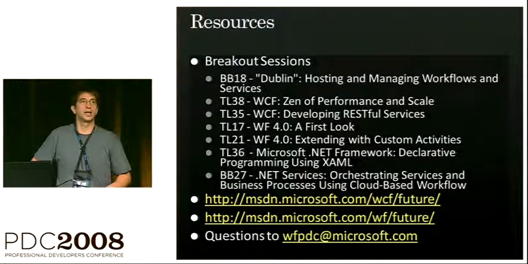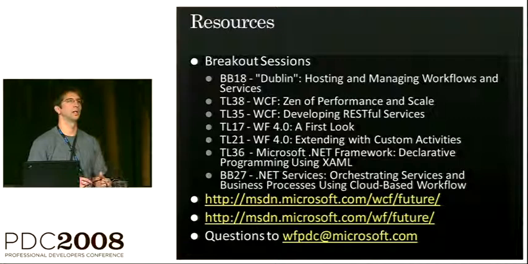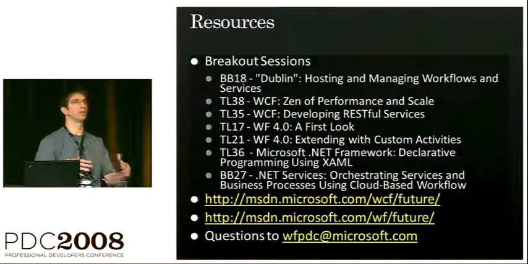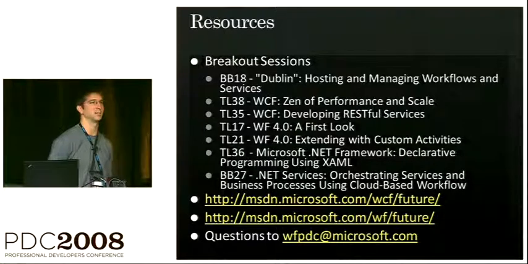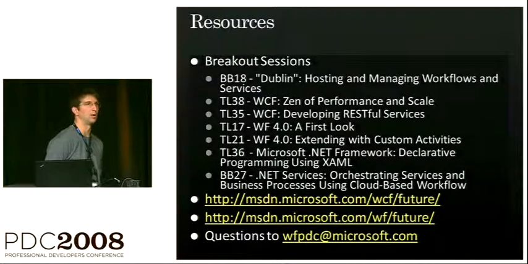Those things are getting much better in the 4.0 timeframe, right? The ability to flow transactions and the ability to actually have a much richer consistency between the workflow state and MSMQ is something that we've invested heavily in 4.0.